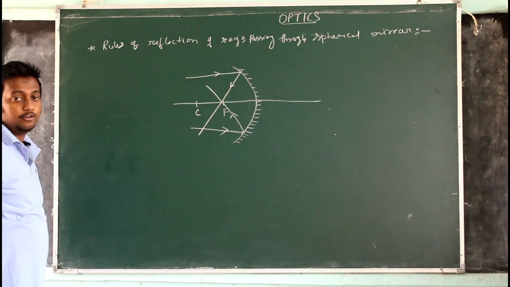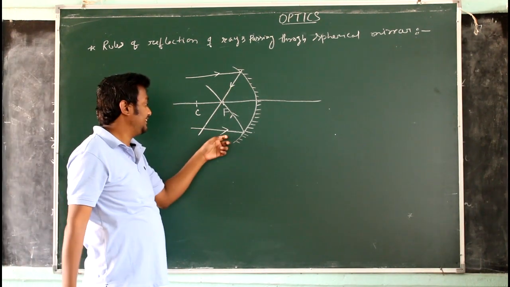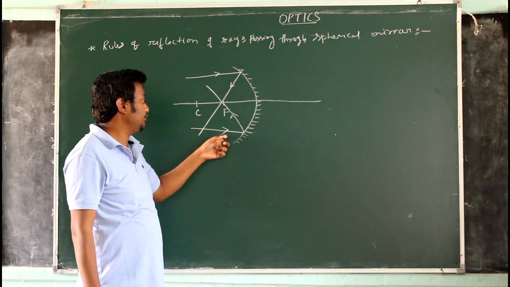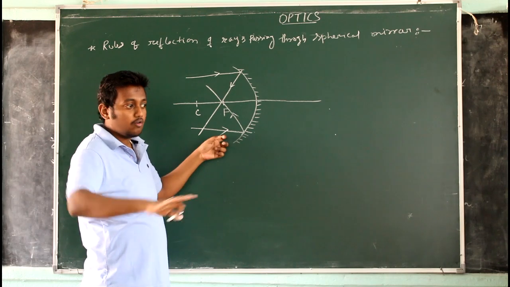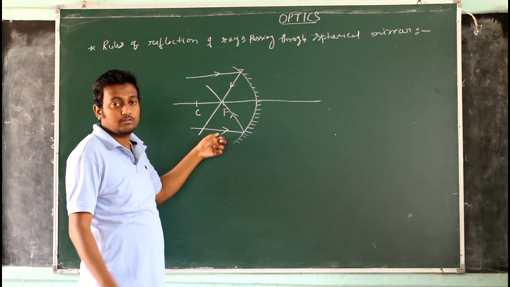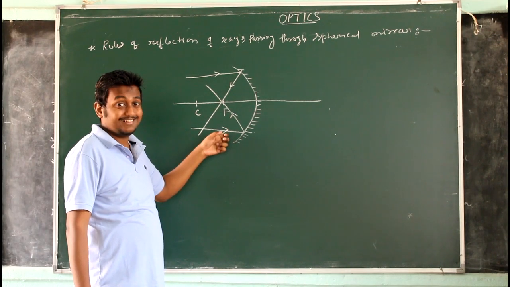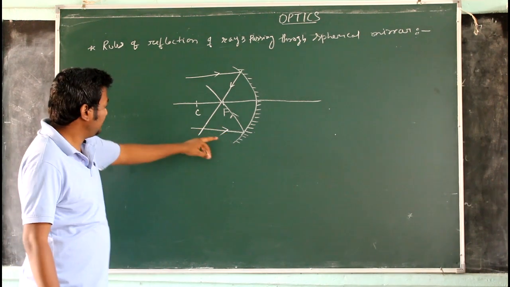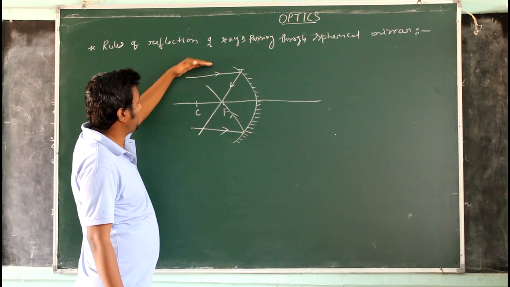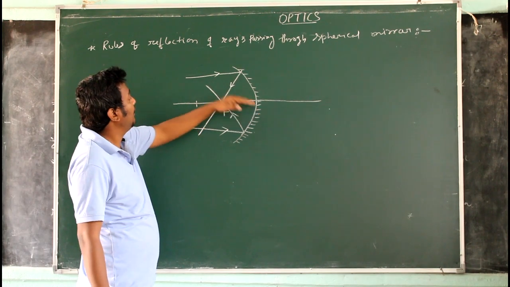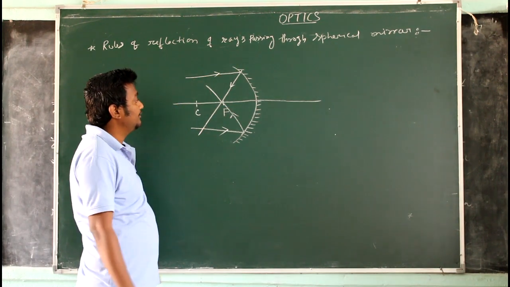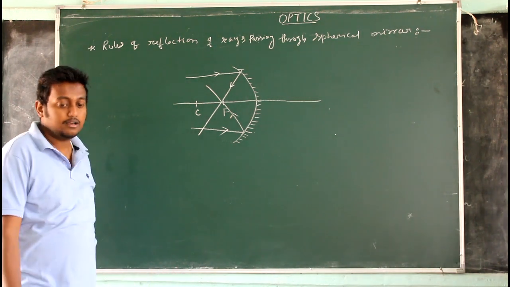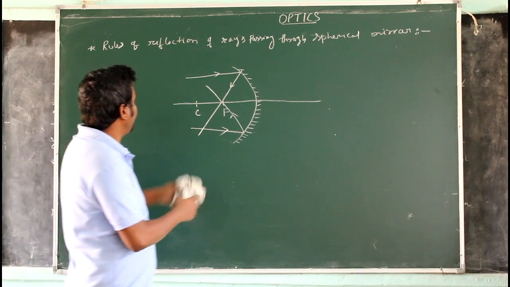One thing is, don't forget to give the direction. If you don't give the direction in a ray diagram, then the whole ray diagram will be wrong. This is very important, the direction of the ray. So the first rule is that the ray parallel to the principal axis, after reflection, will pass through the focus.